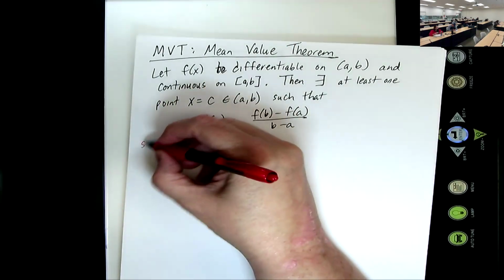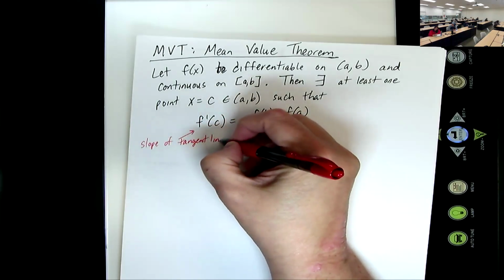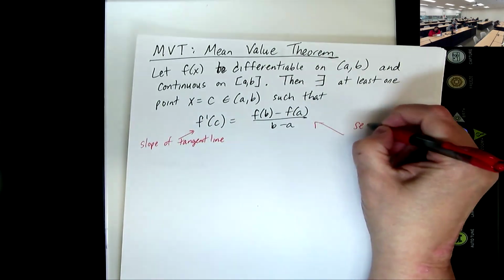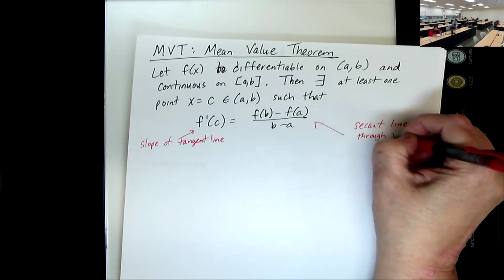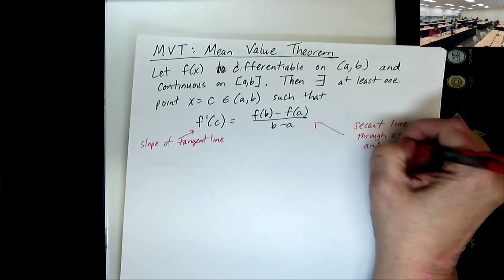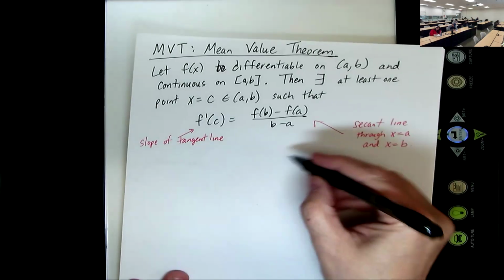So this is the slope of the tangent line. And this is the secant line through a and b. Pictorially, it helps quite a bit.